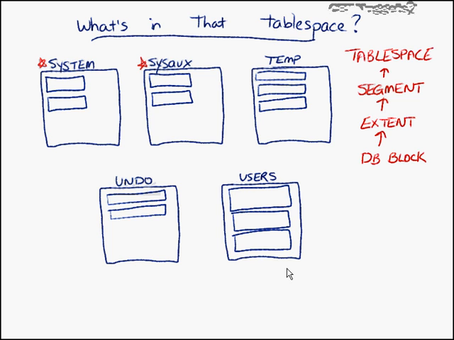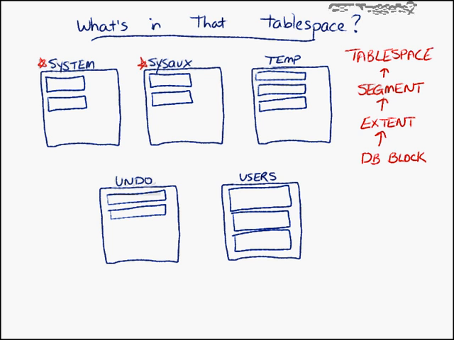Really, you can call it anything you want. This just contains data for the users. So you might have hundreds of table spaces like this where you can logically organize your application data. Now when we get to our performance tuning nugget, I'll show you the most optimal way to lay out your table spaces so you have the best performance.